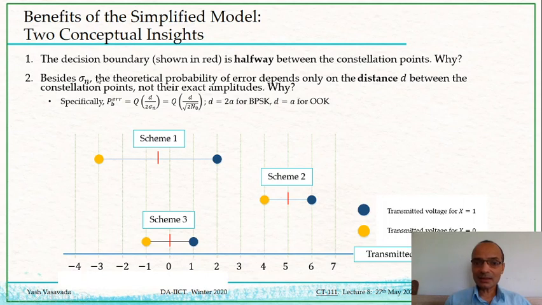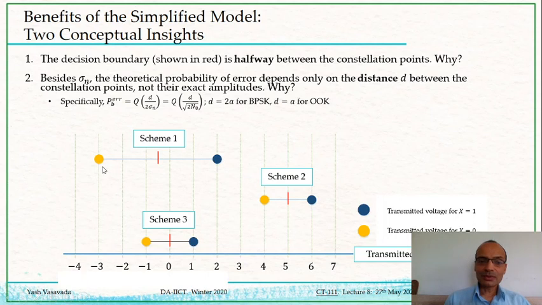conceptual insight that we are formulating here is that the performance of these schemes doesn't depend on the exact location of the yellow and the blue dot. Instead, it depends only on the separation between the blue and the yellow.